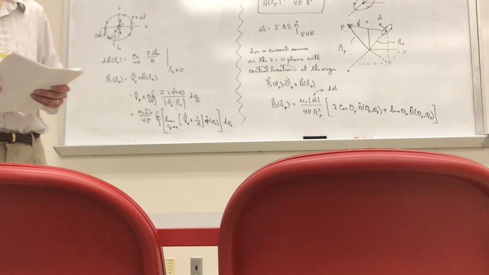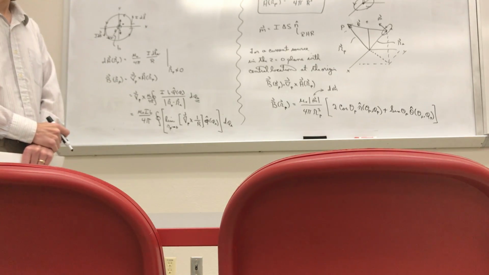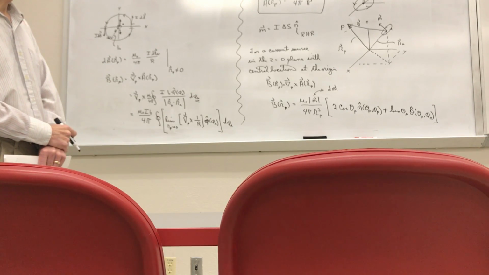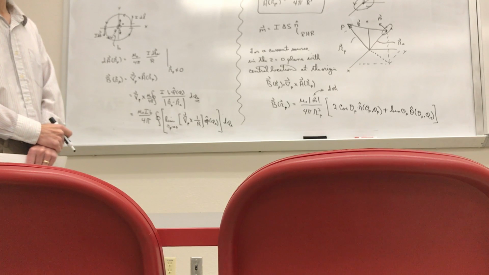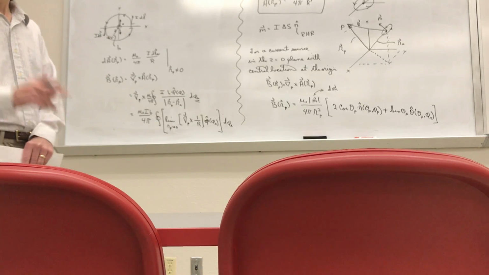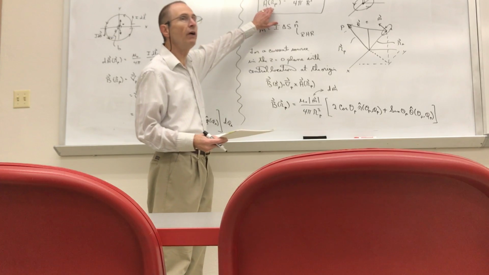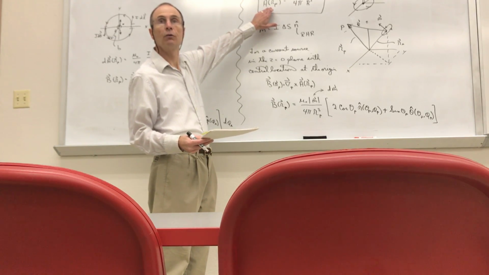Did you use the point form because we're looking at a current source in a whole plane, a whole region, instead of just at a point? We use the point form because A is valid in our entire region.